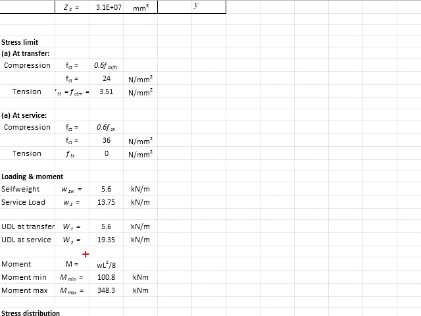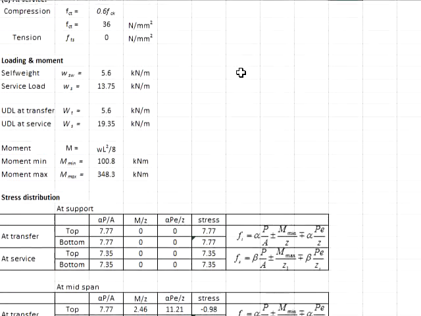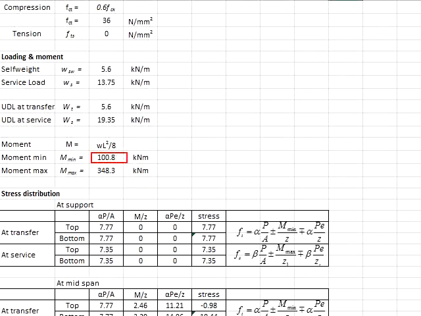With that, you are able to calculate the moment of the member. The M-mean is calculated by substituting this into the equation of WL squared by 8. As for the M-max, it is calculated from the UDL at the service state.